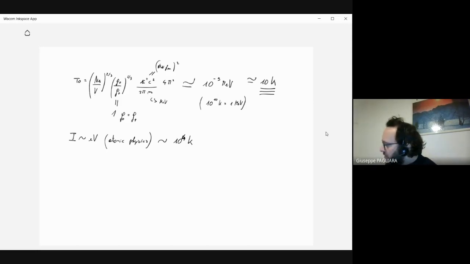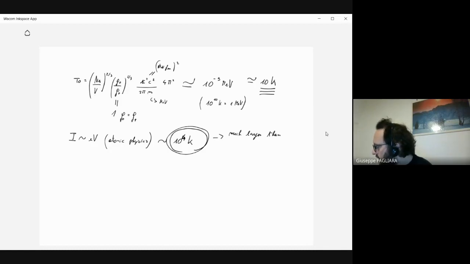Okay, so just to make an order of magnitude estimate. Now you see that the ionization energy, which has a scale of the electron volt, or in terms of Kelvin of the order of 10 to the 4 Kelvin, is much larger than T0, which is instead of the order of 10 Kelvin.